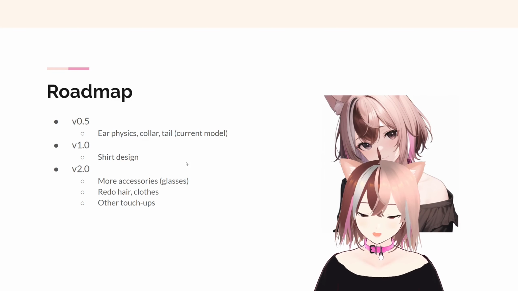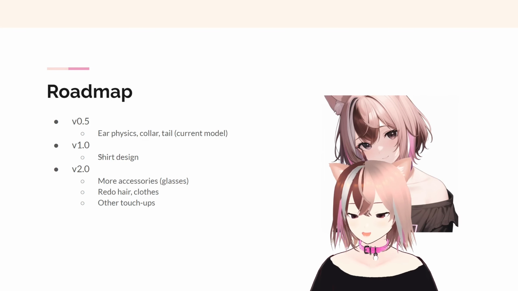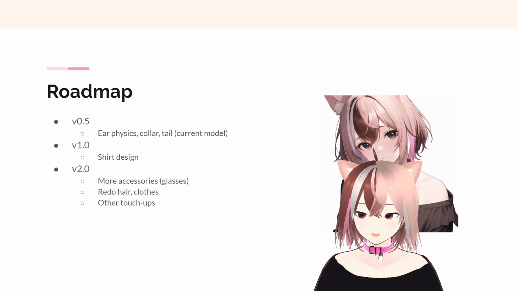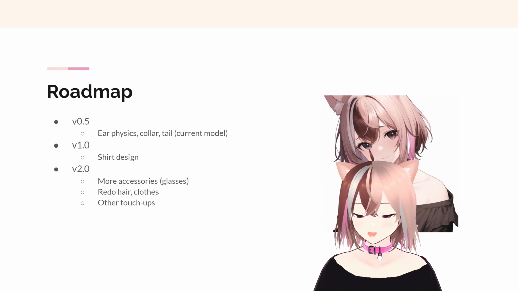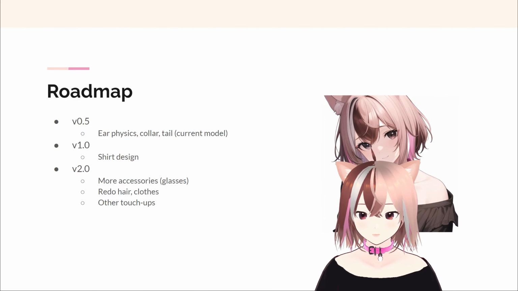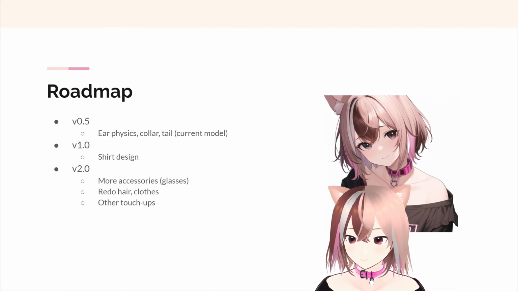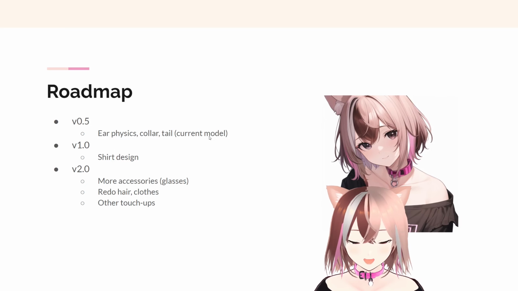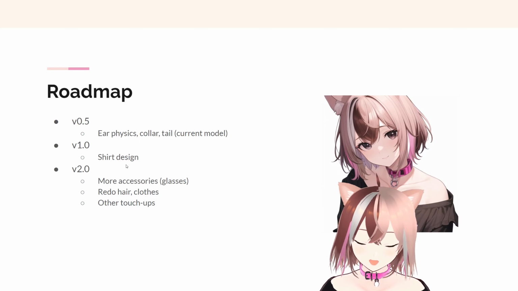Version 2, I want to redo the hair. It's okay. I feel like it could be better if I maybe learn to actually paint a texture on the hair, is kind of what I want to be able to go for, because the hair in the original PNG, the colors kind of blend into each other in a way that's really nice, and also is kind of hard to do with how VRoid hair default works.